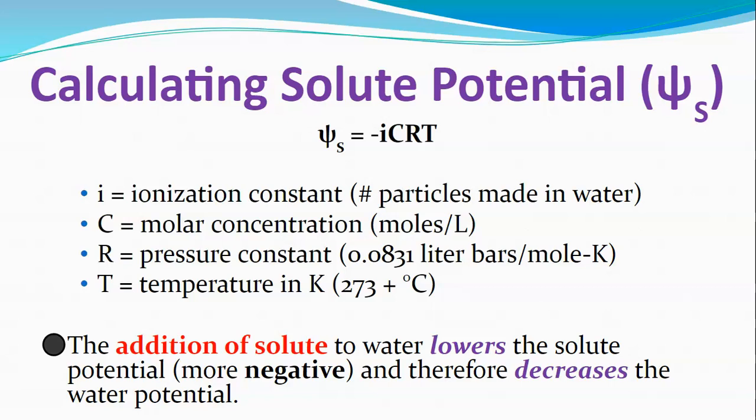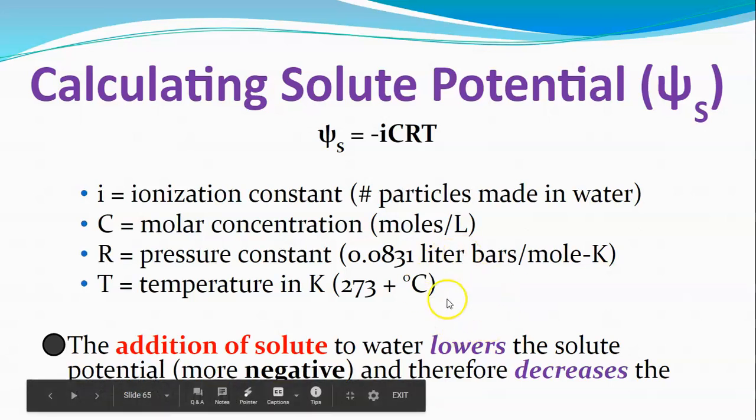So also thinking, if you were to add water, it's going to lower the solute potential. It makes it more negative because, excuse me, let me backtrack. If you add solute, then you're going to increase the concentration.